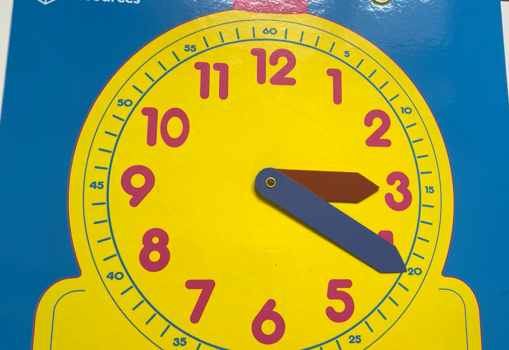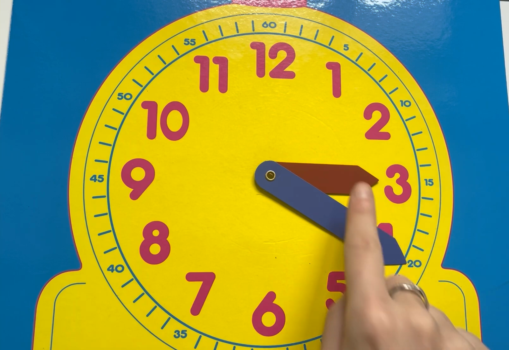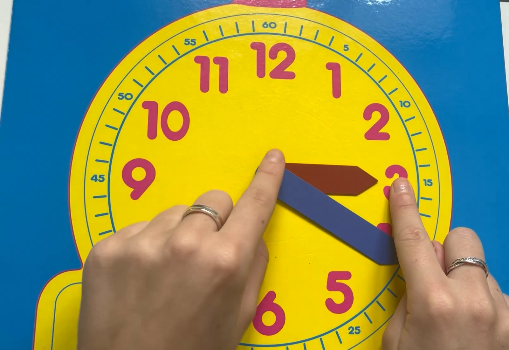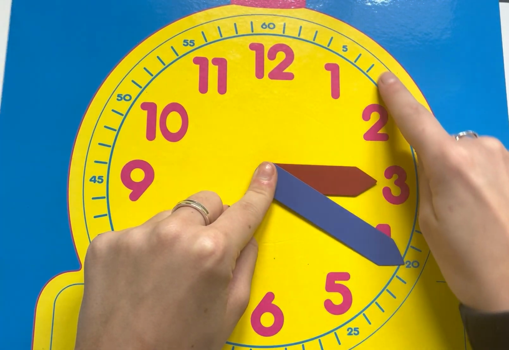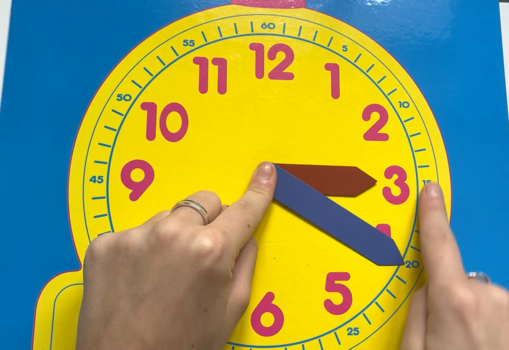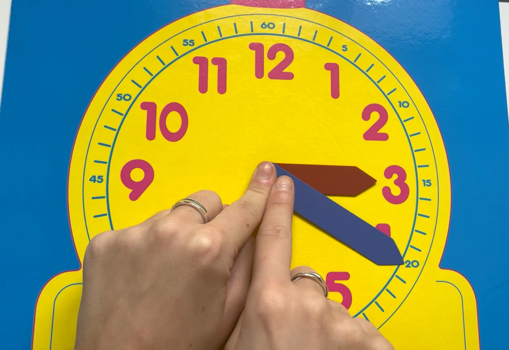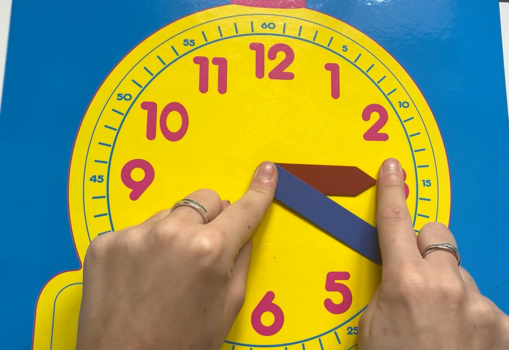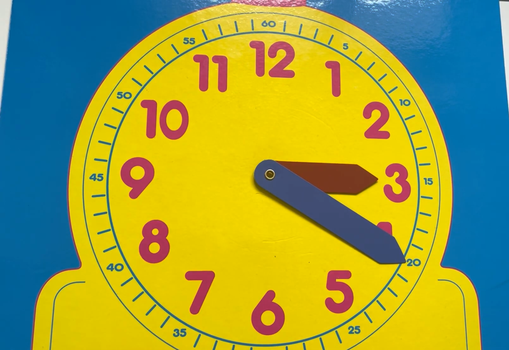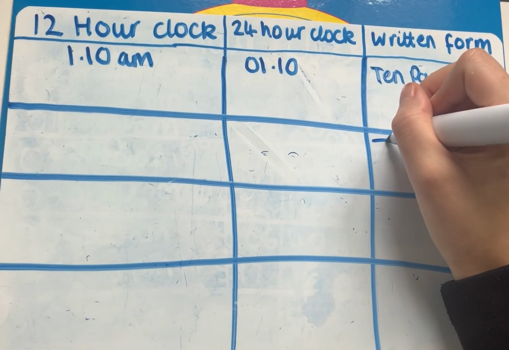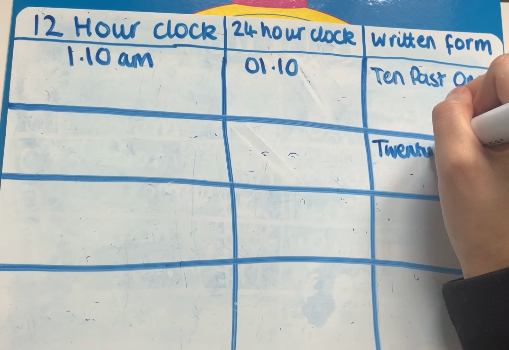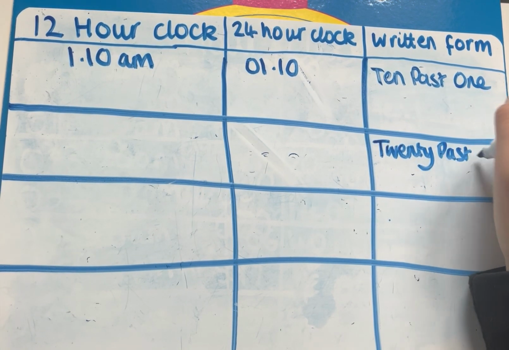Well, we know that the hour hand is on the 3. And we can see here that the minute hand is on the 4. So the minute hand has come this far around the clock until it's been 20 minutes past 3. So we would write that in a written form as 20 past 3.